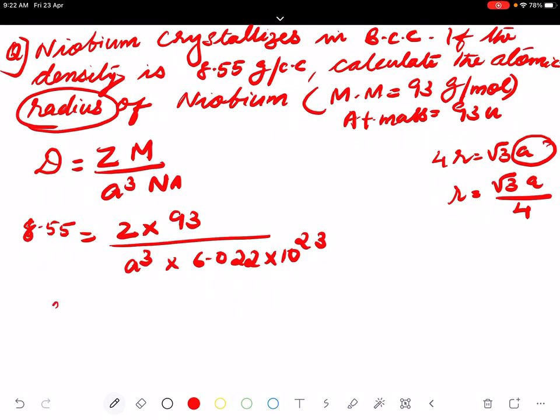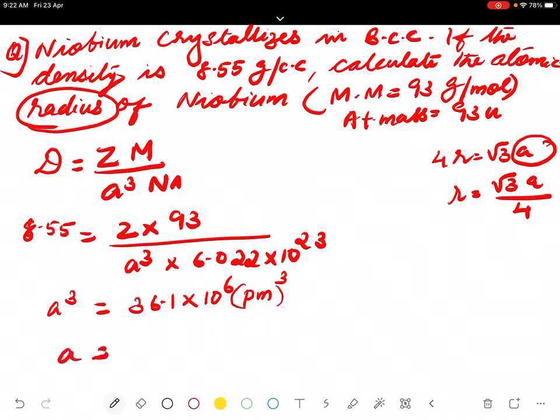So after calculation you will get a cube as 36.1 into 10 to the power 6 picometer cube. So a is the cube root of this.